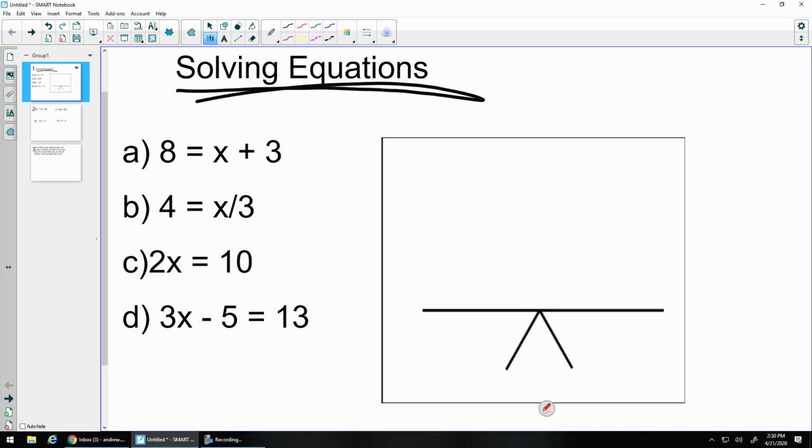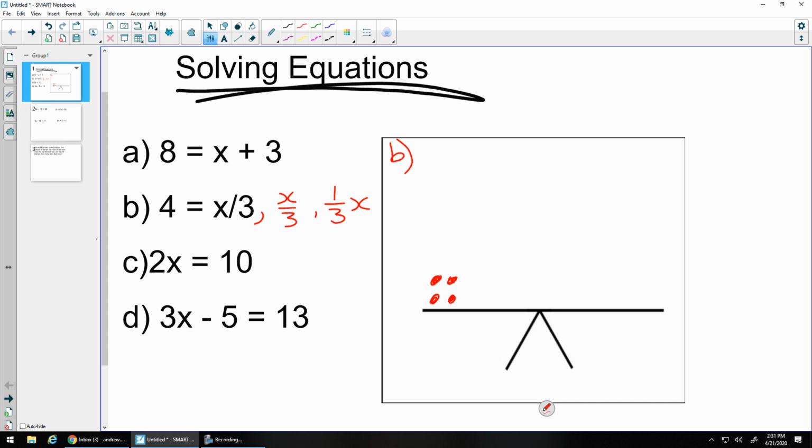Let's do B here quick. B has 4 on one side, 1, 2, 3, 4, and x divided by 3 on the other. This could also be written as 1/3 of x.